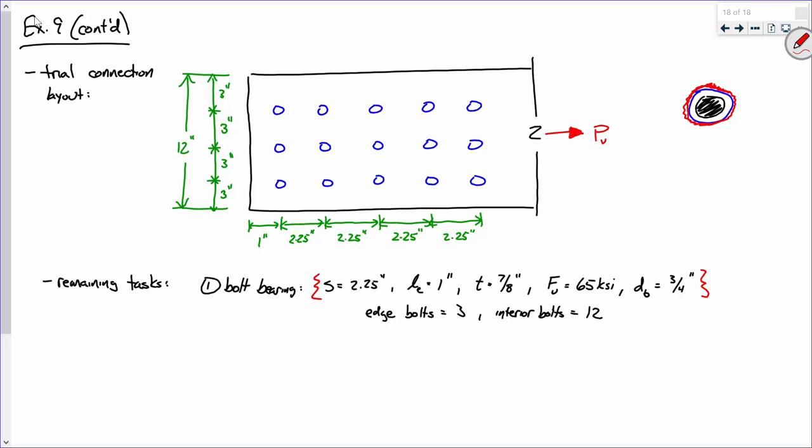Okay? All right. A couple other things. So we have bolt bearing. We also mentioned gross section yielding. We have net section fracture. We have block shear. And I would say that the most likely block shear failure path is probably going to look something like this.